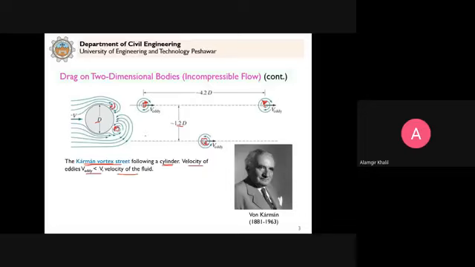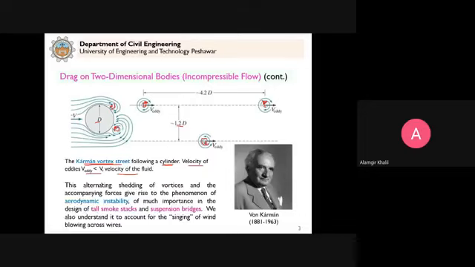Why are we interested to study this? You can see that this alternating shedding of vortices and the accompanying forces give rise to the phenomenon of aerodynamic instability. So what happens when this type of situation occurs? This contributes to what we call aerodynamic instability.